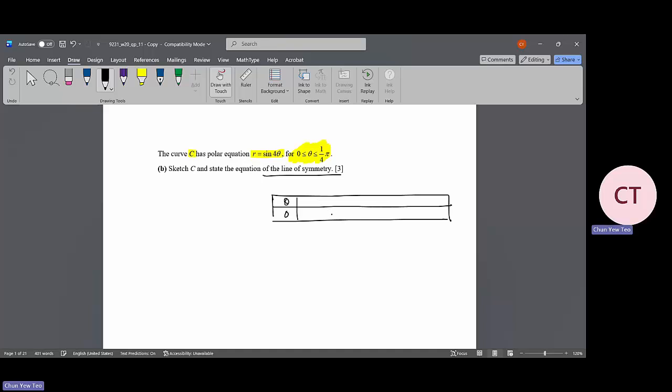Theta 0. We start from 0. Then maybe we can put the values pi over 24, then pi over 8, and then pi over 4.